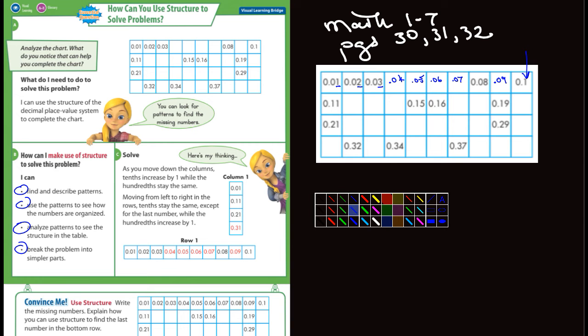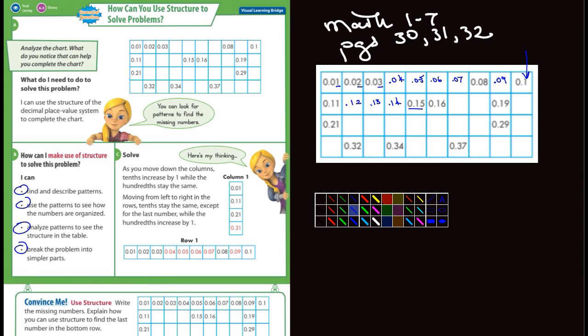I mean, we could go across again. So here, this one is 0.11. And this is 0.15. So my guess is this would be 0.12, 0.13, 0.14.